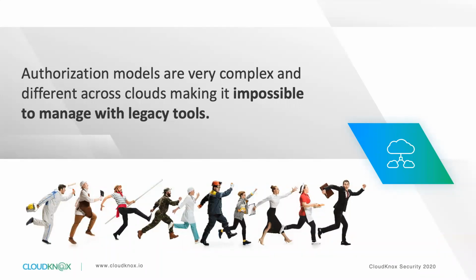The authorization models are very complex today. Even when you're leveraging an RBAC solution, that is largely based on assumptions. And by making those assumptions, most accounts tend to be overprivileged.